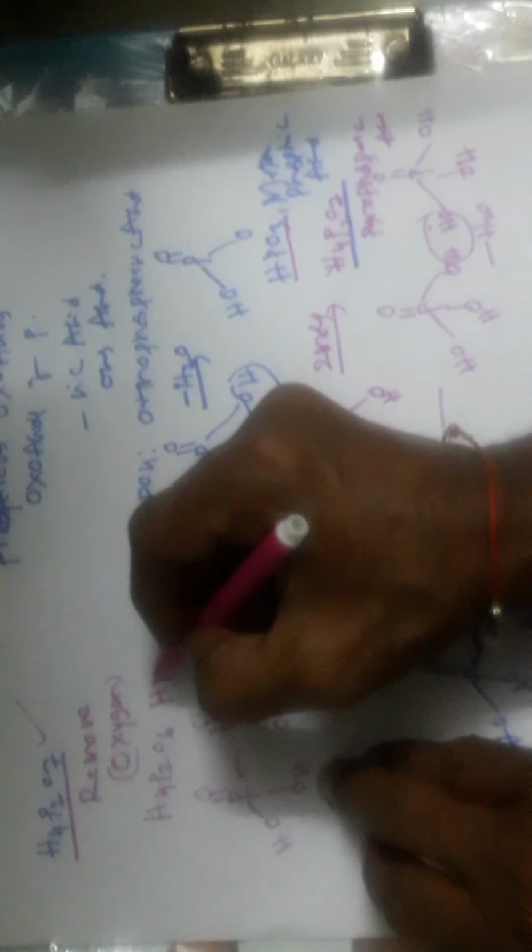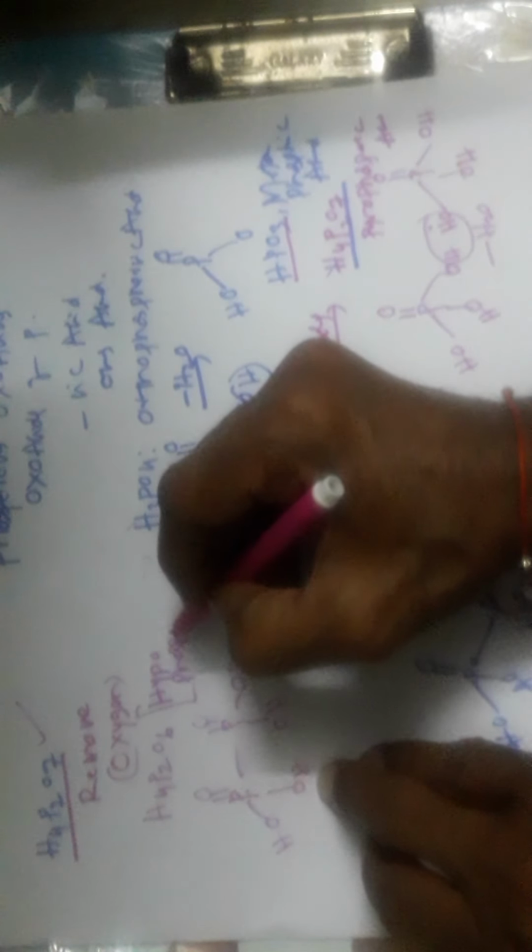In pyrophosphoric acid, there is an oxygen linkage between P and P. But in hypophosphoric acid, there is no oxygen. Removal of one oxygen from pyrophosphoric acid gives hypophosphoric acid. After removing O, there is a direct bond between P and P.